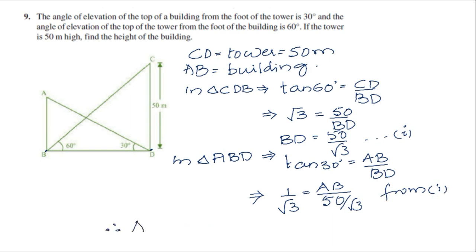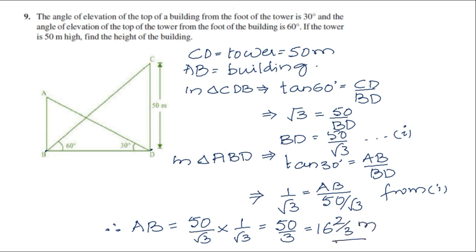Therefore, I'll find out AB as 50 divided by root 3 into 1 upon root 3. We get as 50 by 3. 16 times 3 is 48, so 2 remains. So 16 2 by 3 meters will be the height of the building.